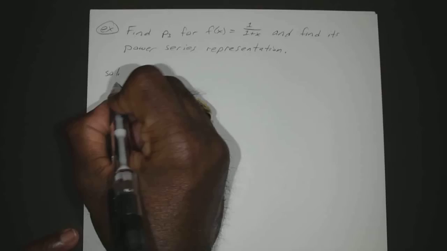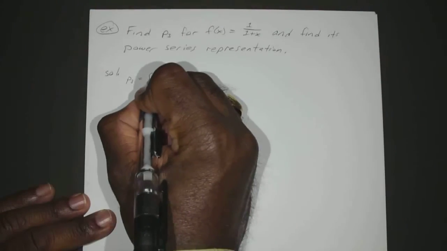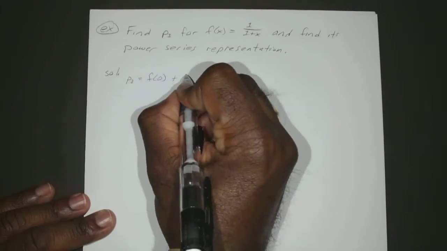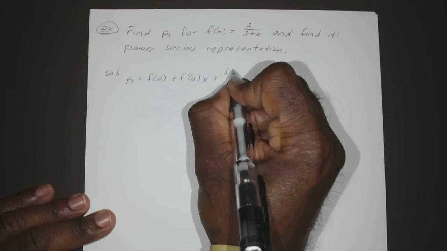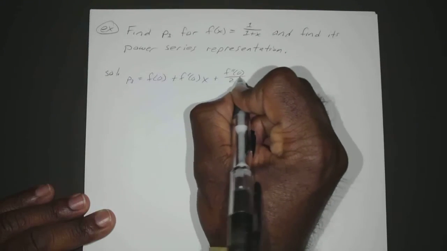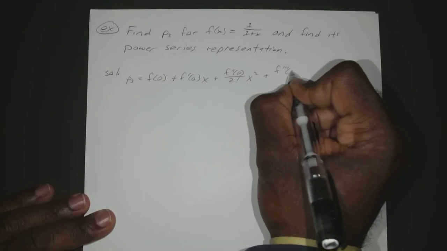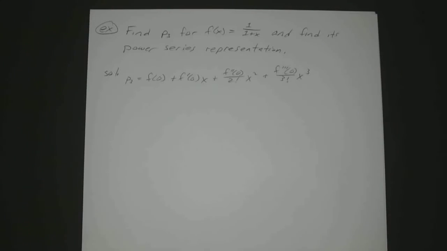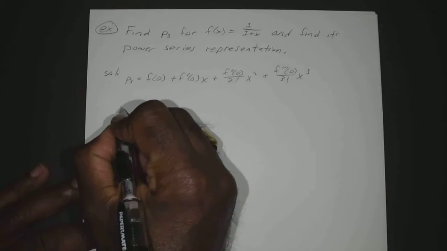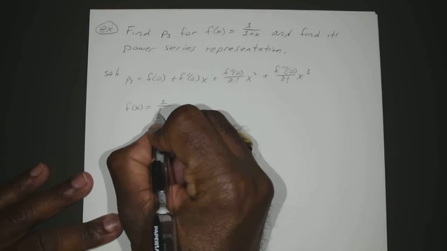Okay, so our p sub 3 is equal to f of 0 plus f prime of 0 times x plus second derivative at 0 over 2 factorial x squared plus the third derivative at 0 over 3 factorial times x to the third. Okay, so we know our f of x is 1 over 1 plus x.